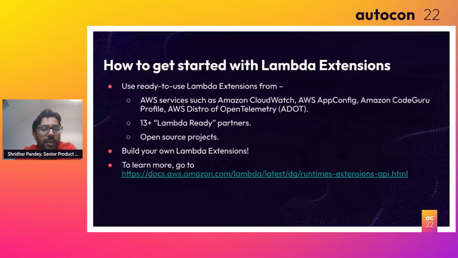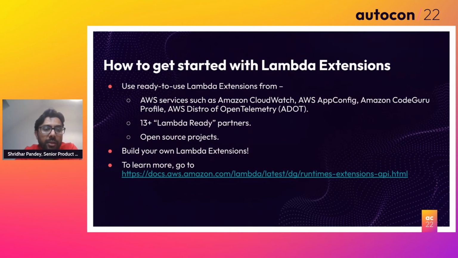In addition to that, we have several ISV partners whose offerings built on extensions we have looked at and certified, and you can use them directly from them. In most of those cases, all you would have to do is include the extensions, provided as layers, within your function configuration, and you'll be good to go.